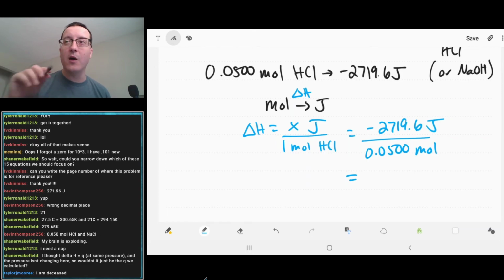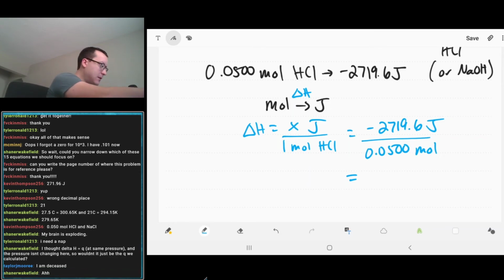But what we're looking for here, typically delta H is given for 1 mole, or whatever the coefficient may be. So we are just expanding our 0.05 moles into 1 mole. I'll explain. Let me just do the math real quick.